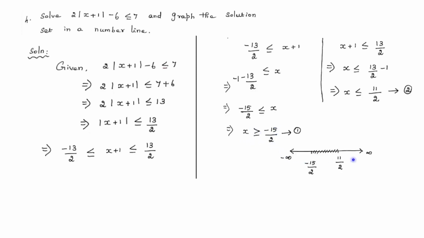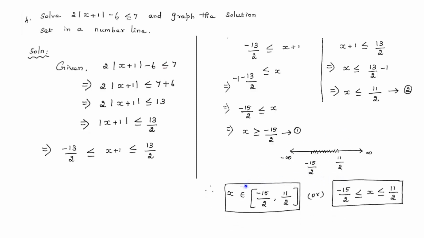So it is on the right hand side of minus 15 by 2. And the x value is less than or equal to 11 by 2. They have said it must be less than 11 by 2, the biggest value. That means this x value lies between minus 15 by 2 to 11 by 2.